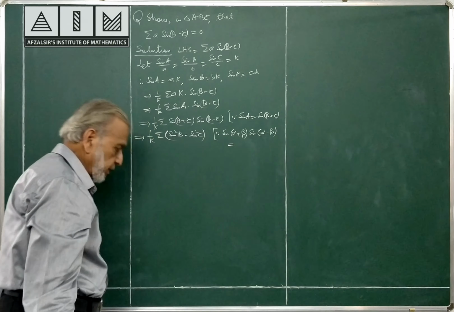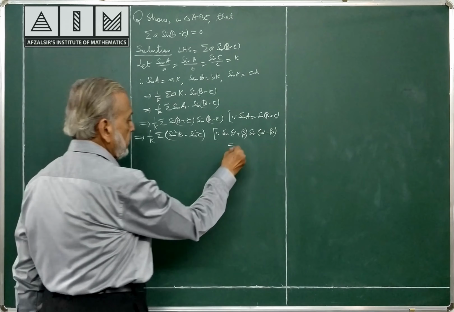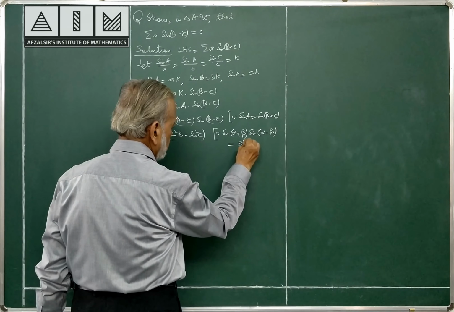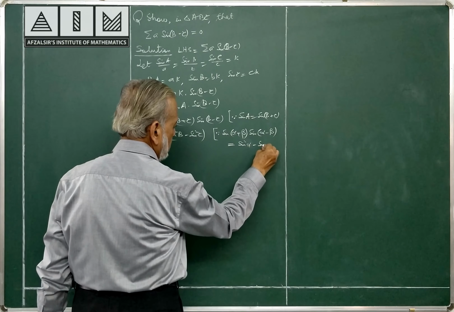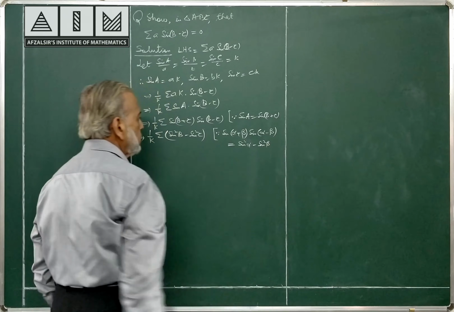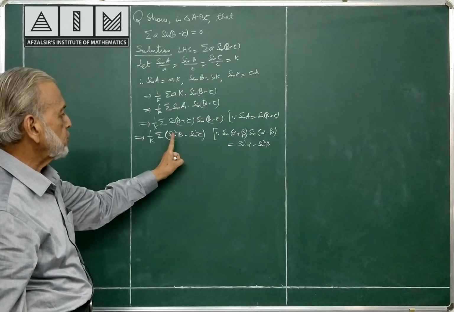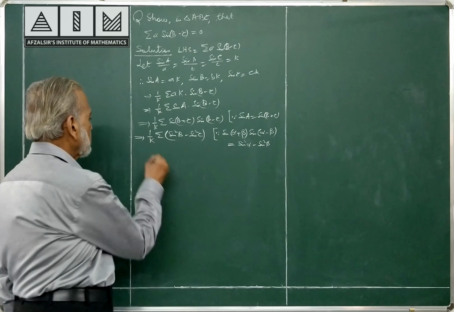Sin(alpha plus beta) sin(alpha minus beta) is sin square alpha minus sin square beta. This is the formula used here: sin(B plus C) into sin(B minus C) is sin square B minus sin square C.